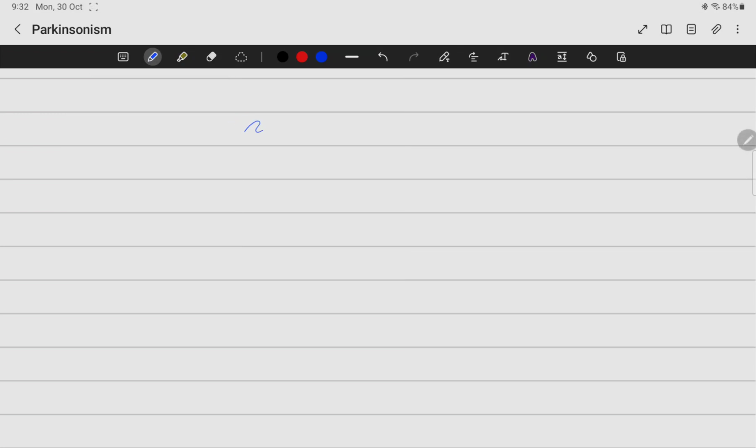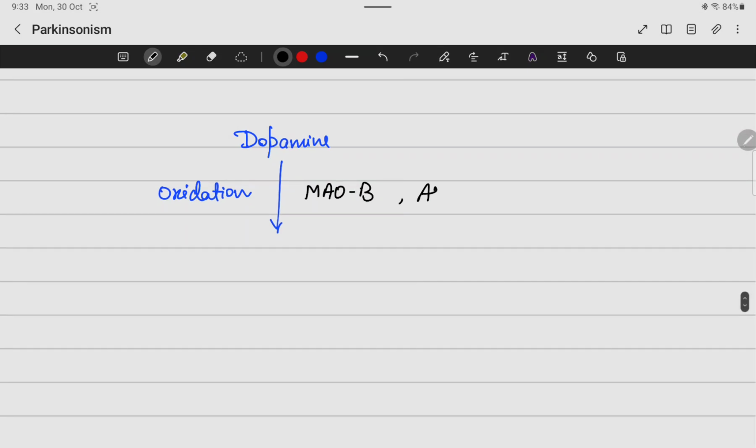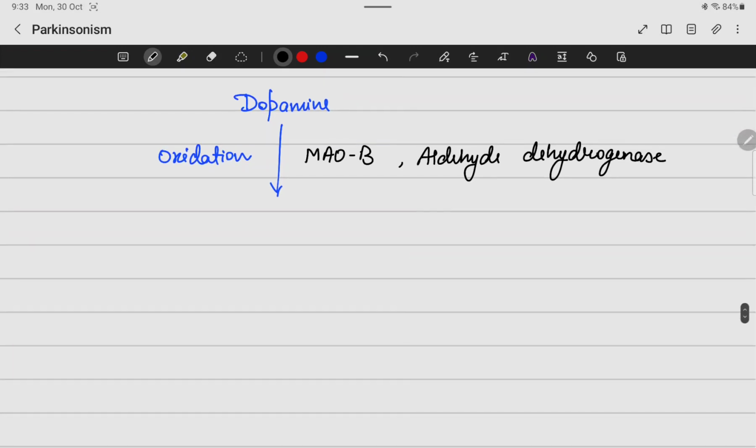You have dopamine, which gets oxidized, so you have oxidation of dopamine, and the enzymes responsible for this are monoamine oxidase B, MAO-B, and aldehyde dehydrogenase. In doing so, there is production of oxygen free radicals in the presence of iron.